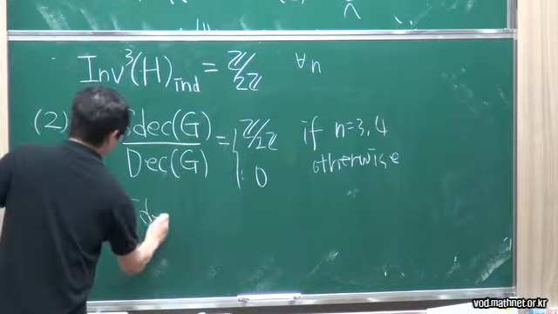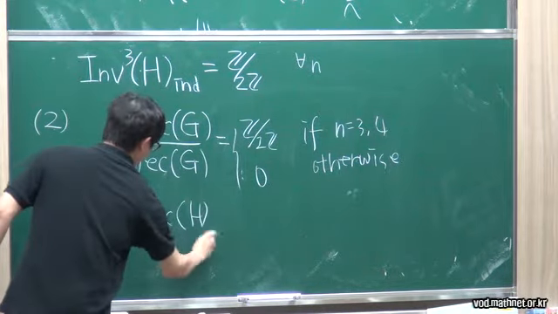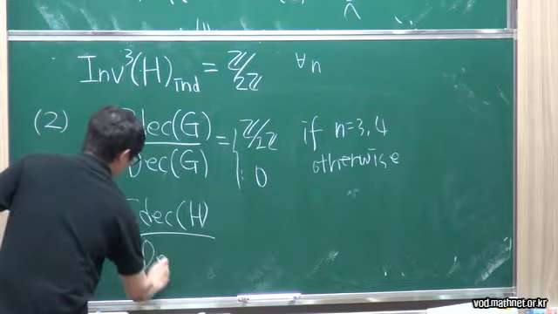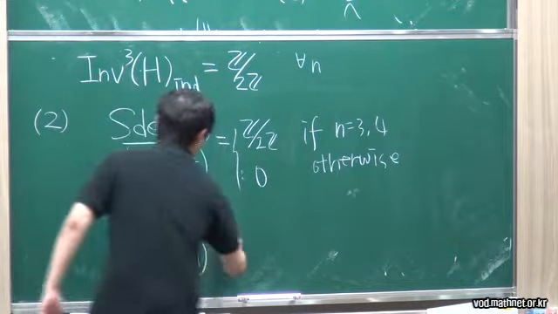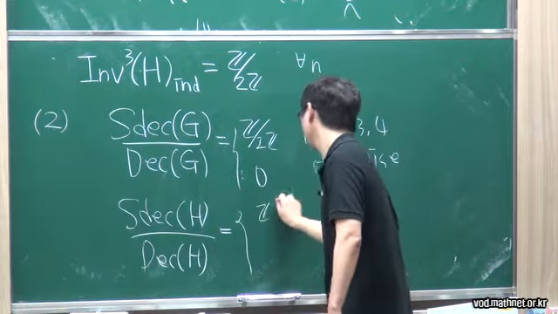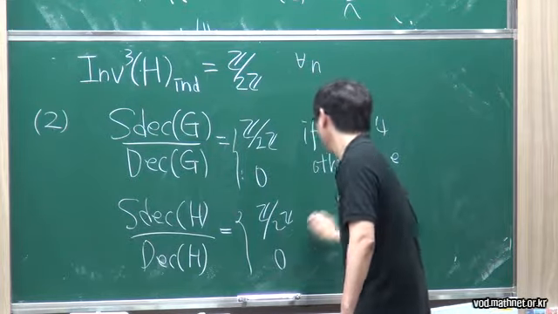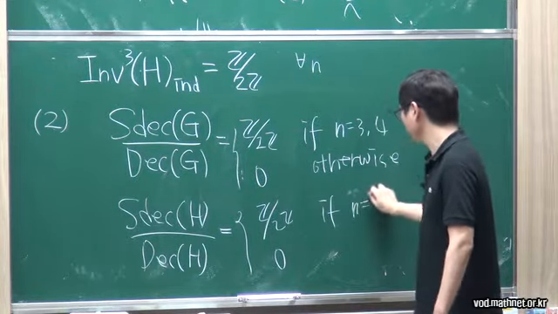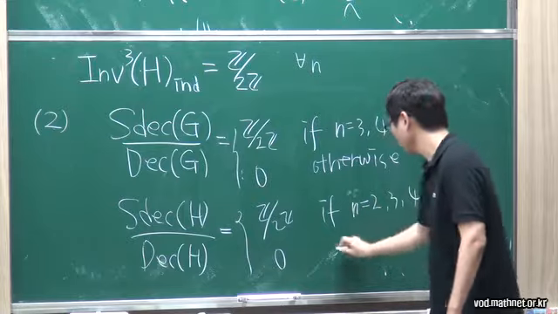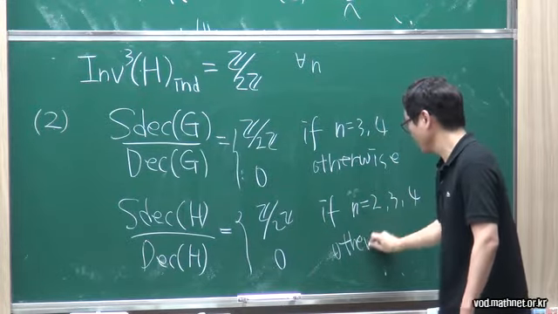The factor group of H is also nontrivial for n equal 2, 3, 4.